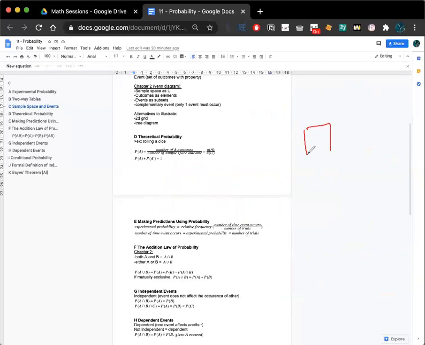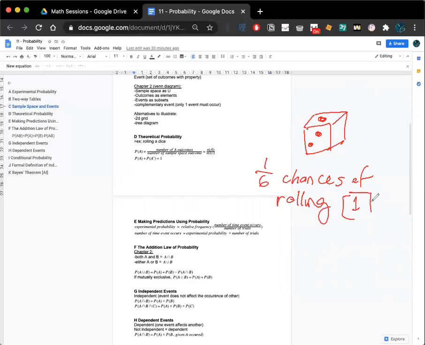For example, in terms of rolling a dice, like we said before, if there's a 1/6 chance of rolling a 1 on the dice, then if you roll a dice, let's just say 36 times, how many ones would you get?